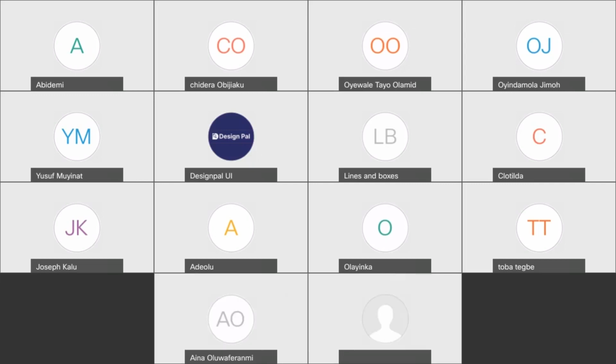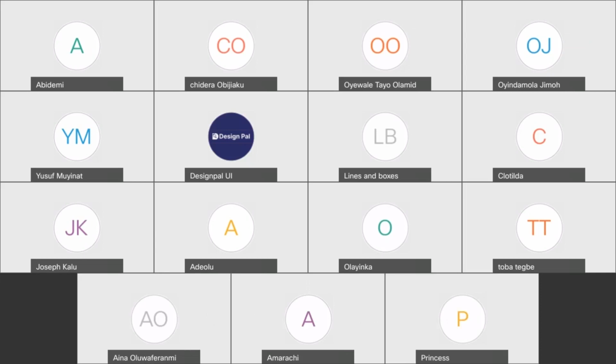UI kits make it very easy for you to do your design work, because one of the differences between junior and senior is the speed at which you deliver products. And one of the ways to deliver products at the speed of light is by exploring UI kits.